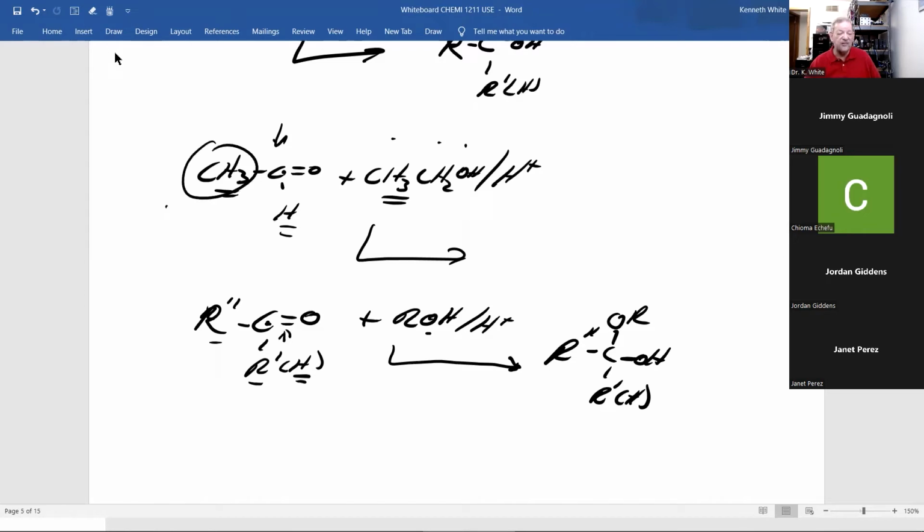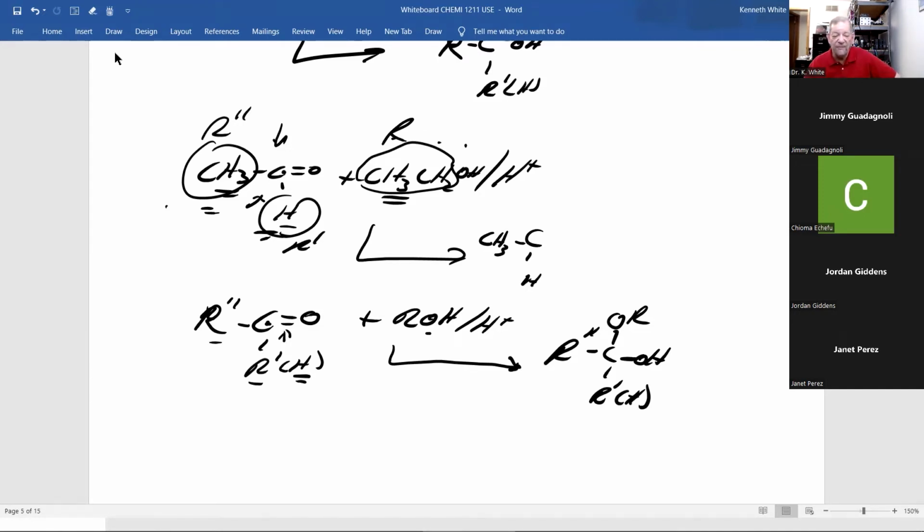So if I look here, this is R double prime, this is R prime, and then what do we have here? R. What's attached to the carbonyl here will still be attached. R prime is hydrogen. R double prime is methyl.